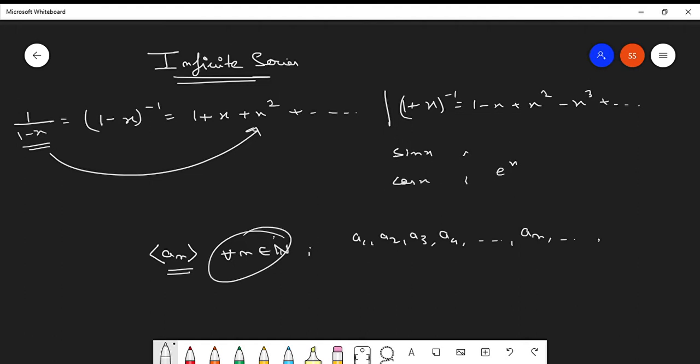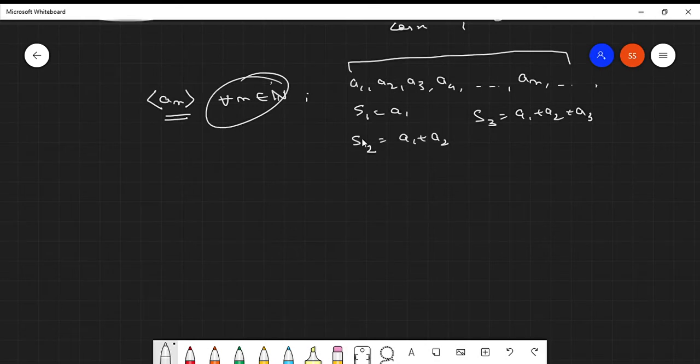Now what we do is form a new sequence using the partial sums of this sequence. For example, we take S1 as a1, S2 as a1 plus a2, S3 as a1 plus a2 plus a3, and so on.